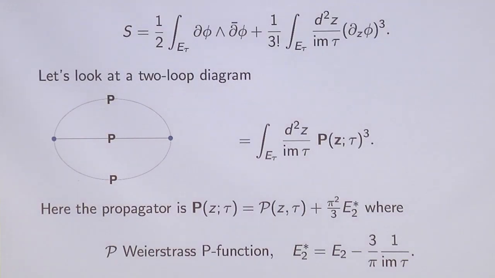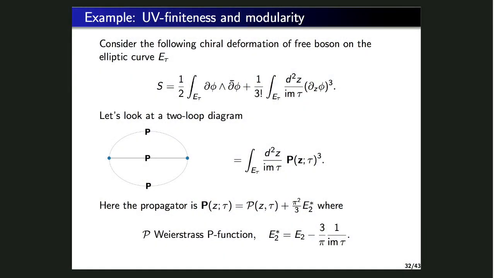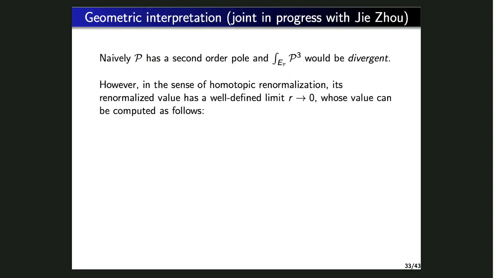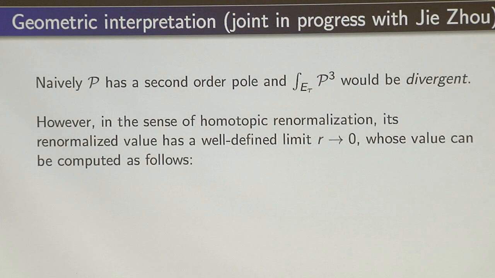And I mentioned in the previous theorem that the series will be finite, which somehow means that there's no divergence when you try to evaluate this integral. But at first thought this doesn't sound correct, because, for example, if you try to integrate the cube of the Weierstrass P function, and the Weierstrass P function has an order 2 pole, in particular this one has an order 6 pole.